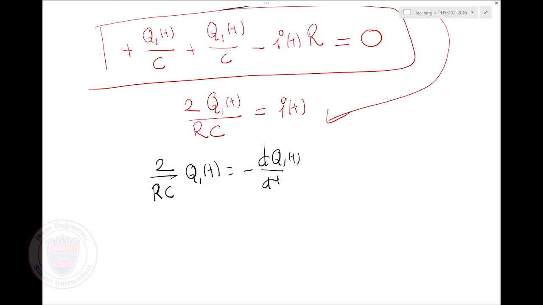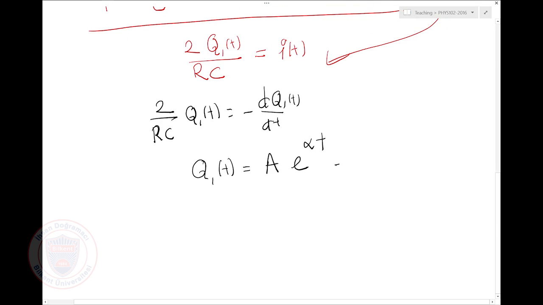Now, here it's actually not going to be very hard. This is the one and only differential equation we know how to solve, right? So, what is the solution? Q1 of t must be some A e to the alpha t, which means dQ/dt is alpha times A e to the alpha t.